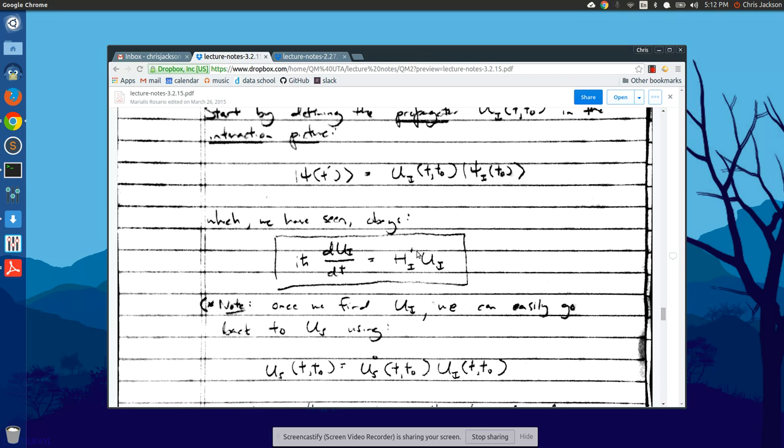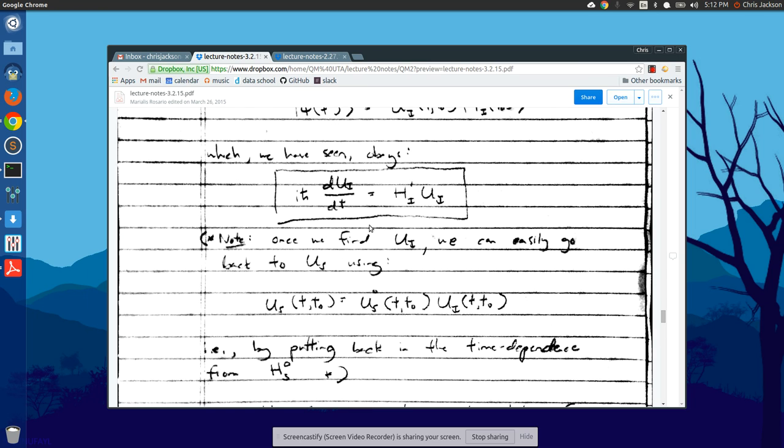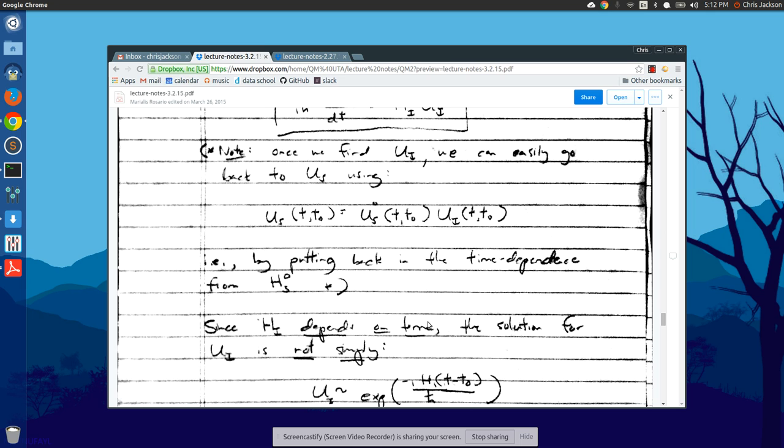If you know what the interaction picture or what the perturbation Hamiltonian is, you can actually compute this by just solving the Schrodinger-like equation, right? And then just like we did before, once you find what UI is, you can easily go back to the Schrodinger picture, because we know what the relationship is between UI and US, right?